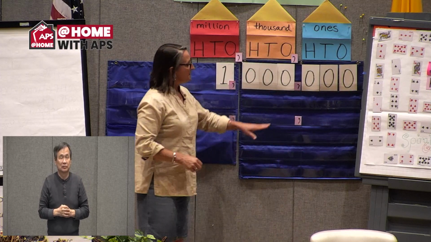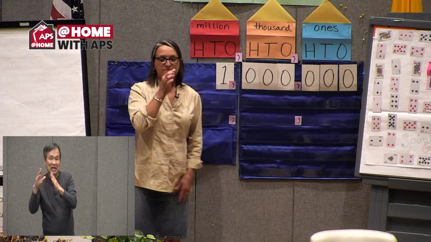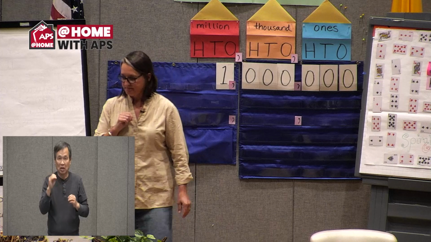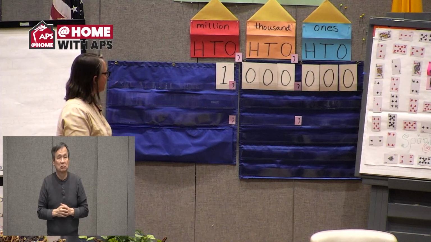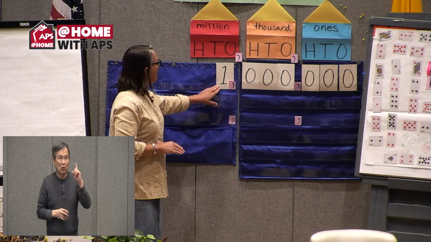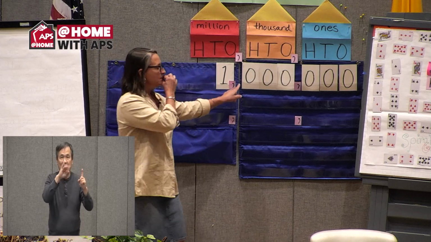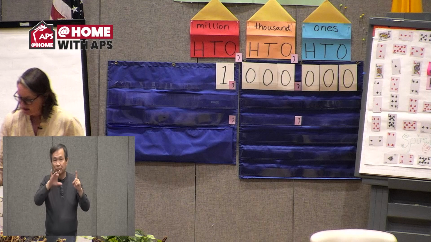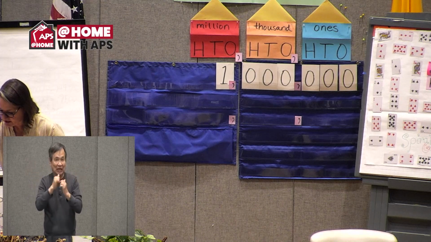And how many in our ones house? None. So we don't say anything. Let's practice reading our number again. 1 million. And there's what a million looks like on our place value houses chart.